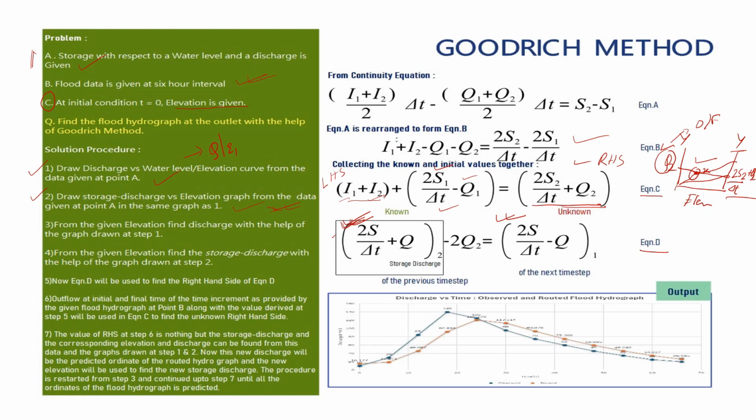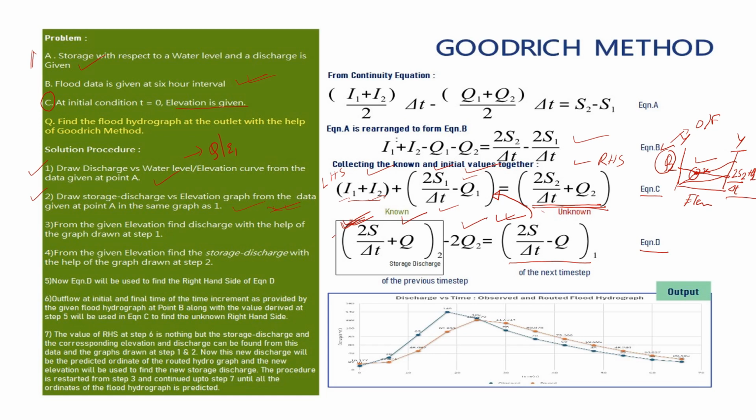So indeed, this value is known, this value is known, so this value will be known. Correct? Now put this value into this equation. You know this, find this.